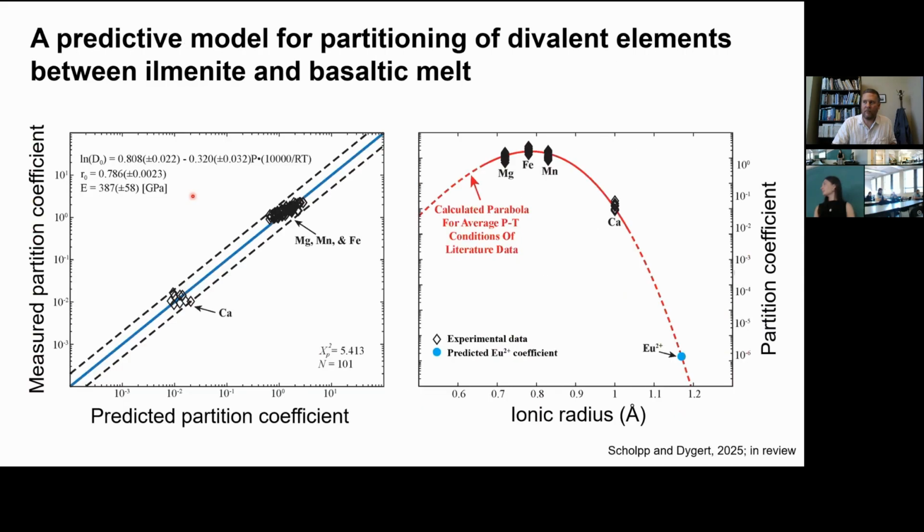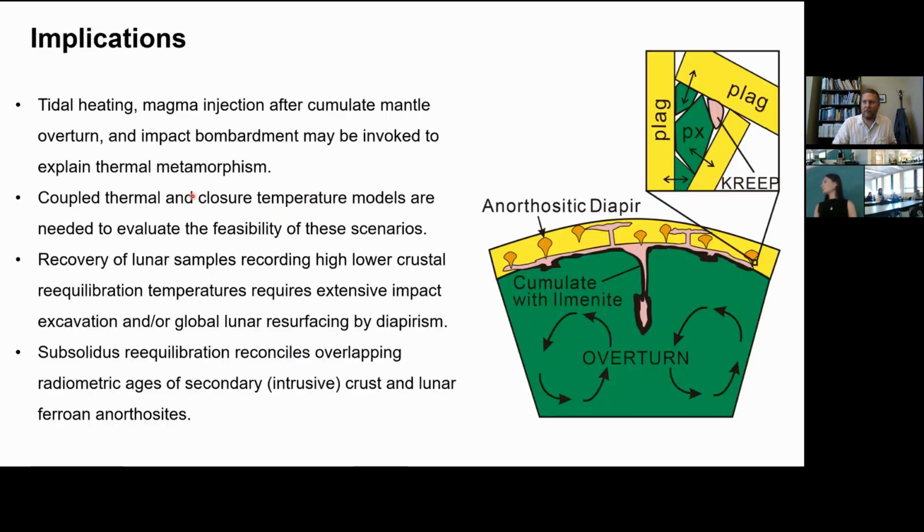How do you really envision that? Do you see that being a solid state interaction, or an interaction between a KREEP magma and a ferroan anorthosite crust? How does that work? And are there other elements that one could look at to confirm that the europium is telling you the right thing?